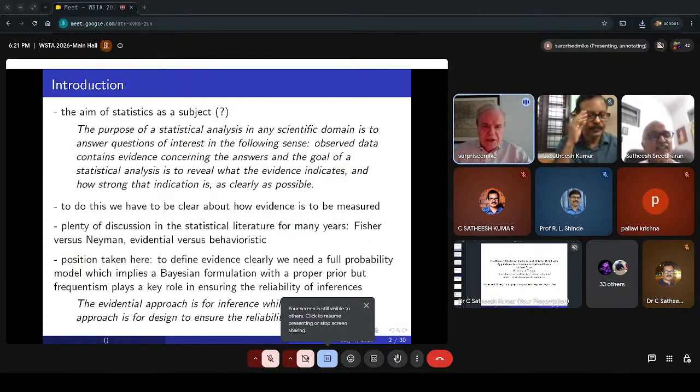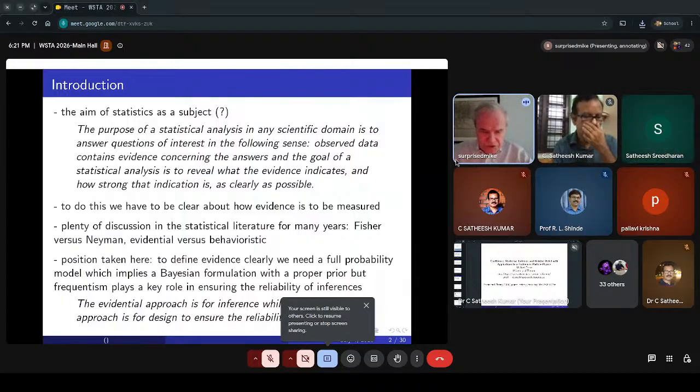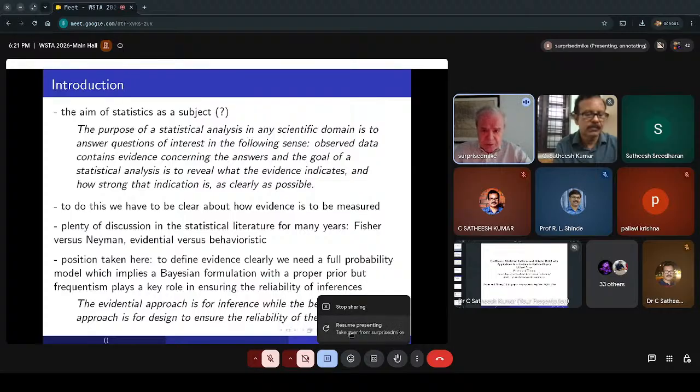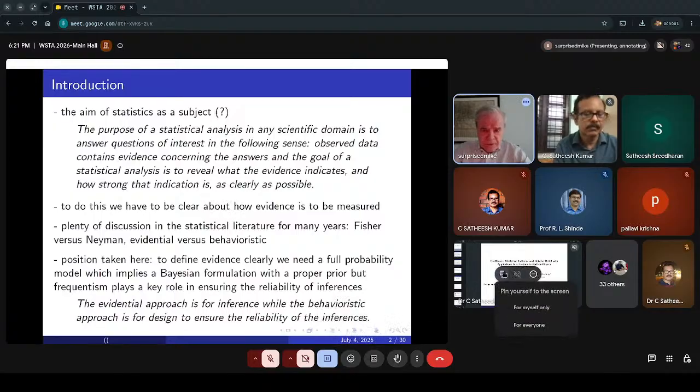This is a foundational topic, so we go back to the very start. What's the aim of statistics? The purpose of statistical analysis in any scientific domain is to answer questions of interest in the following sense.